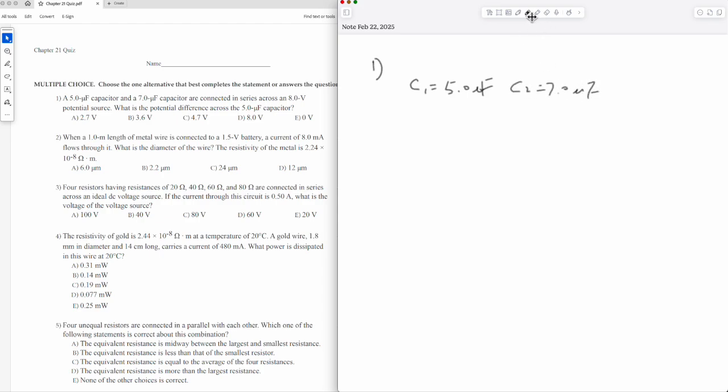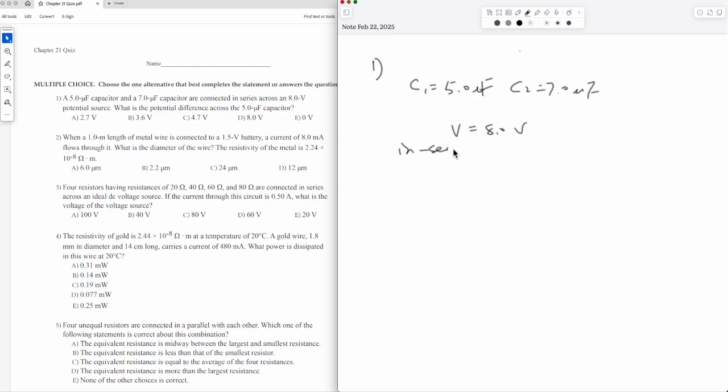Okay, and then voltage is 8.0 volts. All right. What is the potential difference across connect in series? So in series, right?